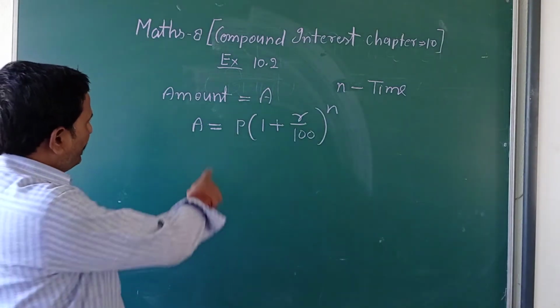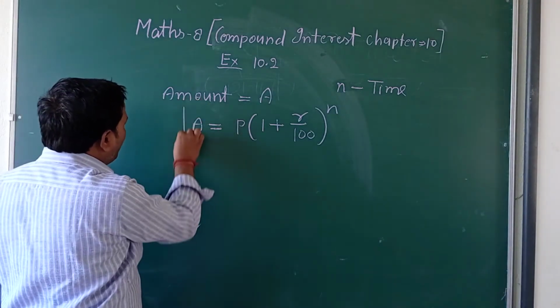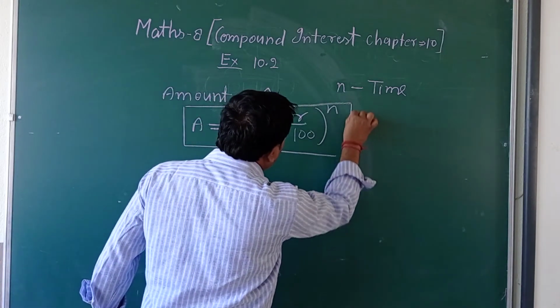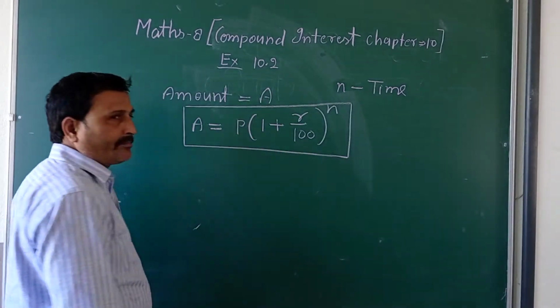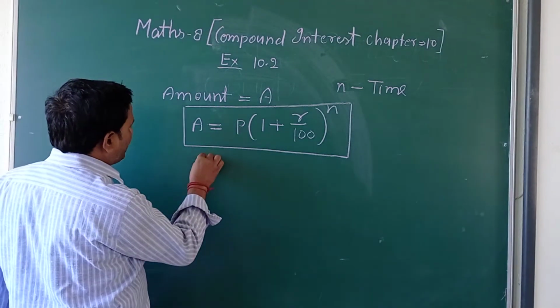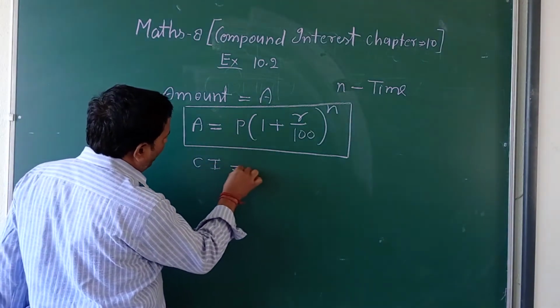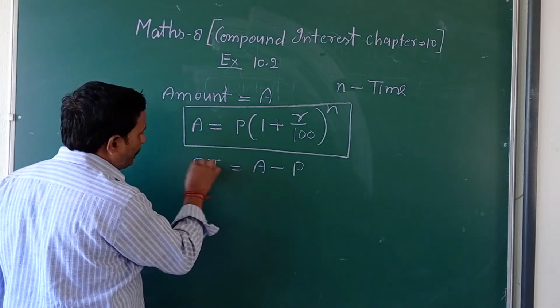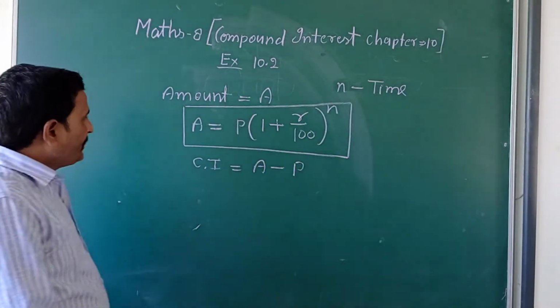This is the formula for calculating amount if principal, rate and time are given. After that, CI is equal to amount minus principal. Compound interest is equal to amount minus principal.